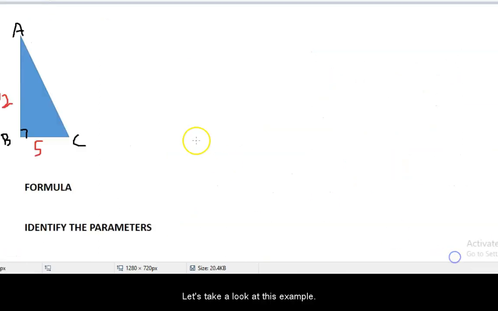Let's take a look at this example. This is a triangle ABC with sides 12, 5.